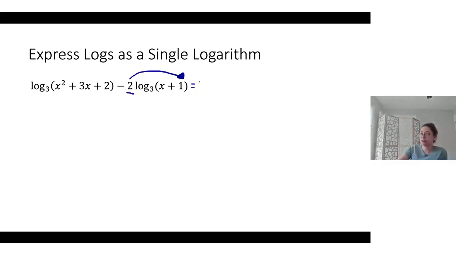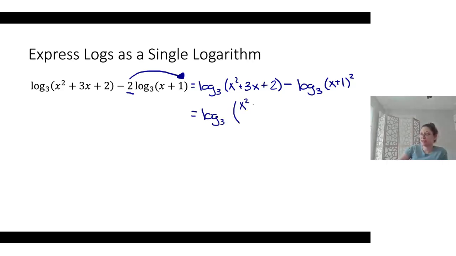So this becomes log base 3 of x squared plus 3x plus 2 minus log base 3 of x plus 1 squared. Now I can bring these together with subtraction. Subtraction on the outside goes to division on the inside.